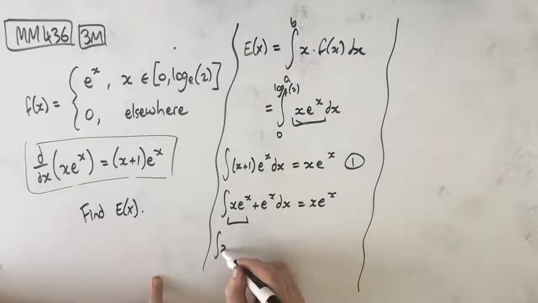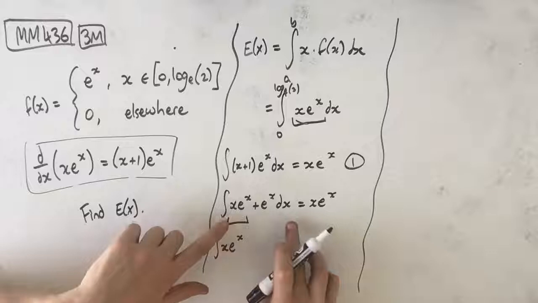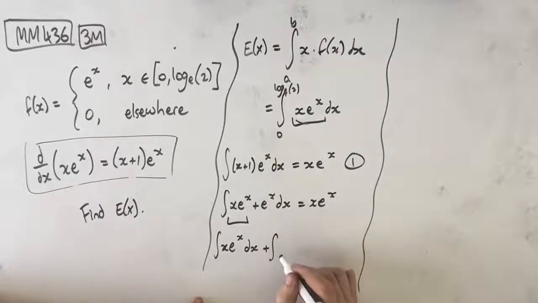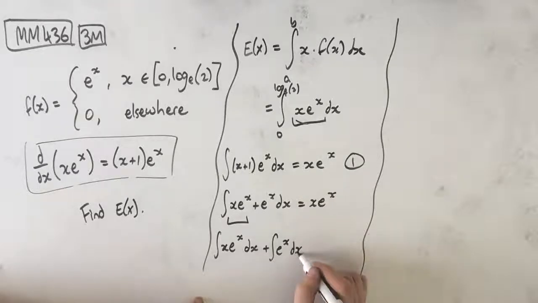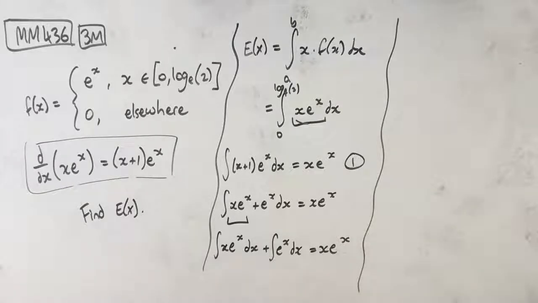Leaving this as it is, x e to the power of x, now I'm going to separate these two integrals. So we get the integral of x e to the power of x dx plus the integral of e to the power of x dx, which is the same thing just separated into two, and that's equal to x e to the power of x. From here we can say that the integral of x e to the power of x dx is equal to x e to the x minus the integral of e to the power of x dx.